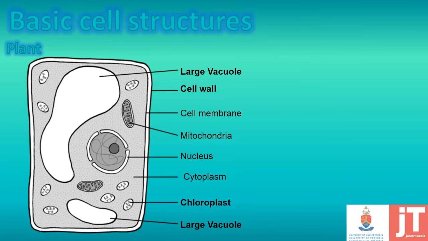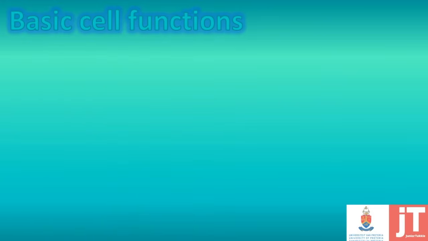Then the inside lining is our cell membrane, which you also find in the animal cell. You have your mitochondria, your nucleus, your cytoplasm. And then also from grade 8, you will remember the chloroplast, where photosynthesis will take place. So this is an important structure that differentiates the plant from the animal cell.